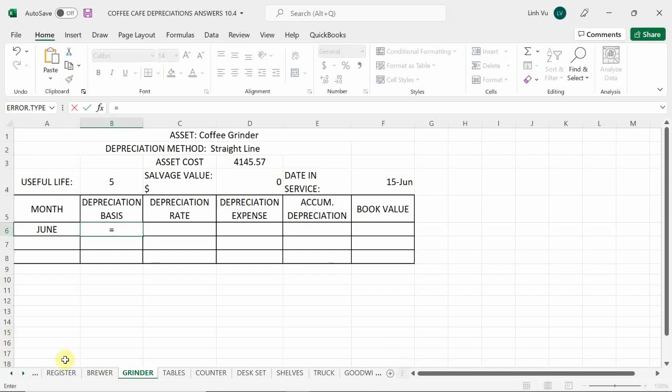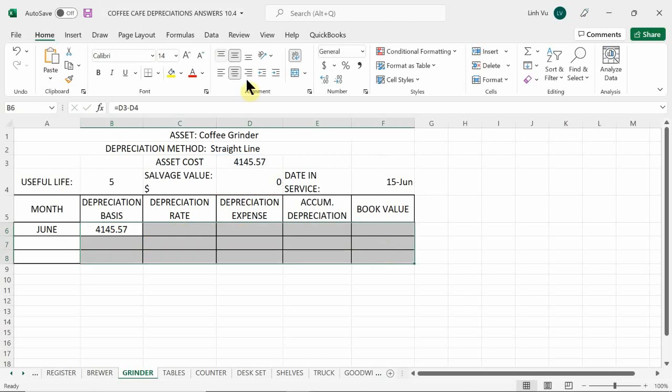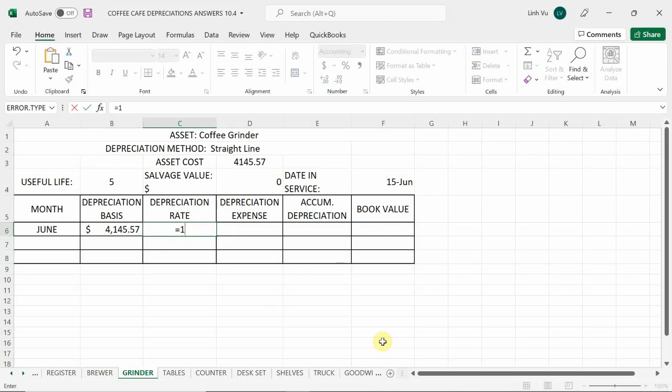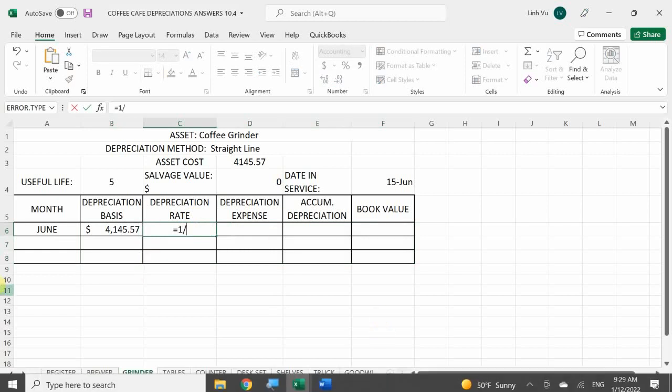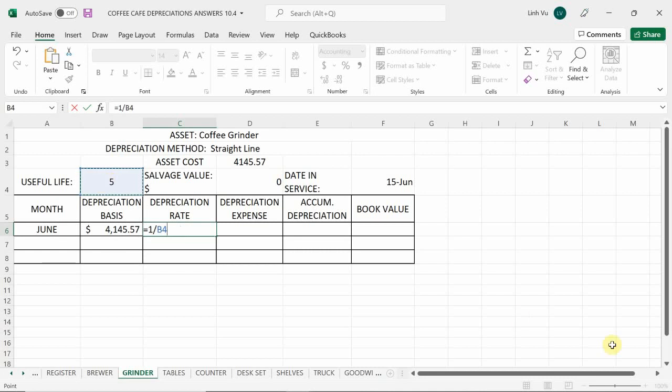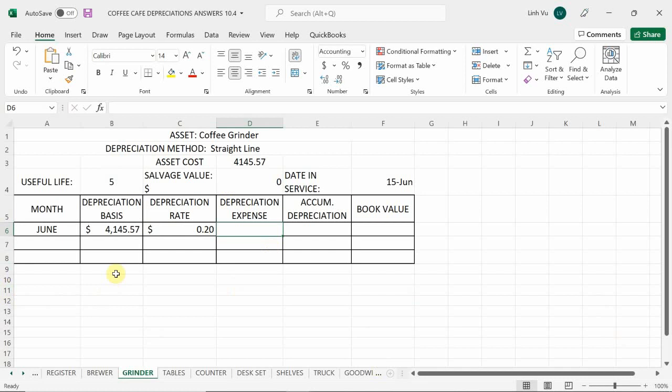So what's the depreciation basis here? 4,145. Good. What's my depreciation rate? 20%, not 20 cents. It should be 20%. Okay.